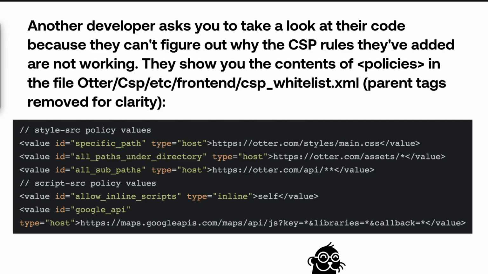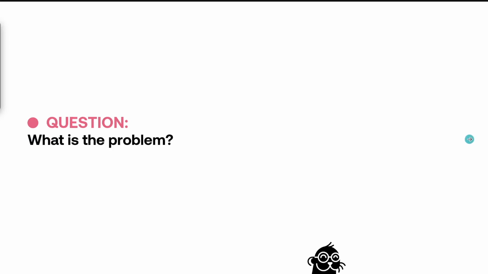So we've got several different value options. We've got a specific path, all paths and directory, so on and so forth, and the different URLs associated with that. And so none of these are applying, and the question is, what is the problem?